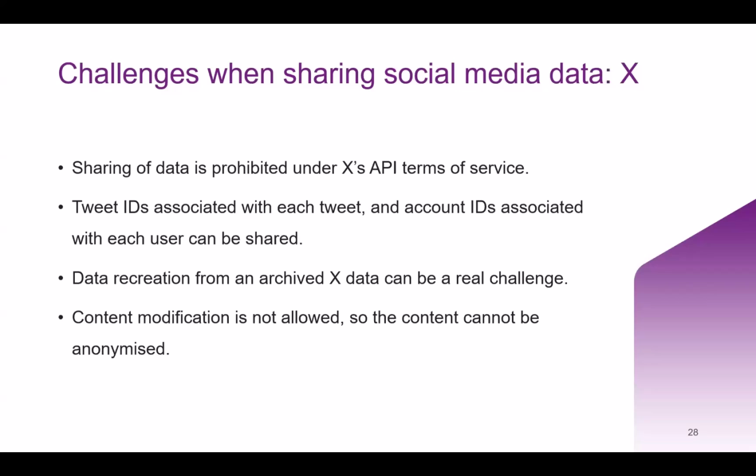This is because, if we take an example, the X or Twitter policy restricts sharing any data they obtain from the API and also storing data in a cloud. The policy does, however, allow the archiving of just the post or tweet IDs, the unique number given to an individual tweet or user ID, the number assigned to Twitter account holders.